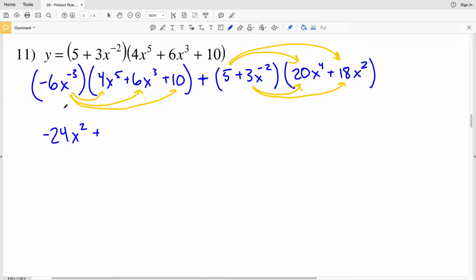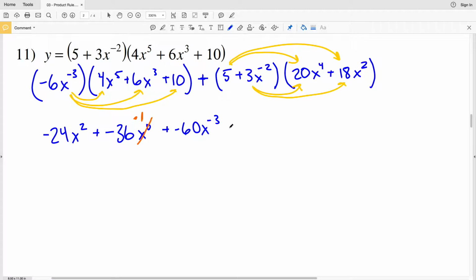And that will get added to negative 6x to the negative 3 times 6x to the 3, which negative 6 times 6 is negative 36, and x to the negative 3 plus 3 is x to the 0. But we know that x to the 0 is 1. So this will be 36 times 1, or simply 36.